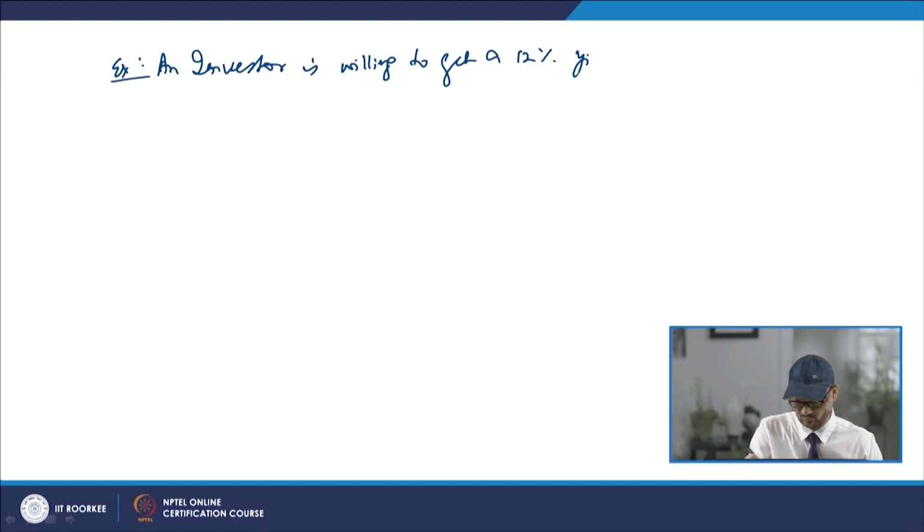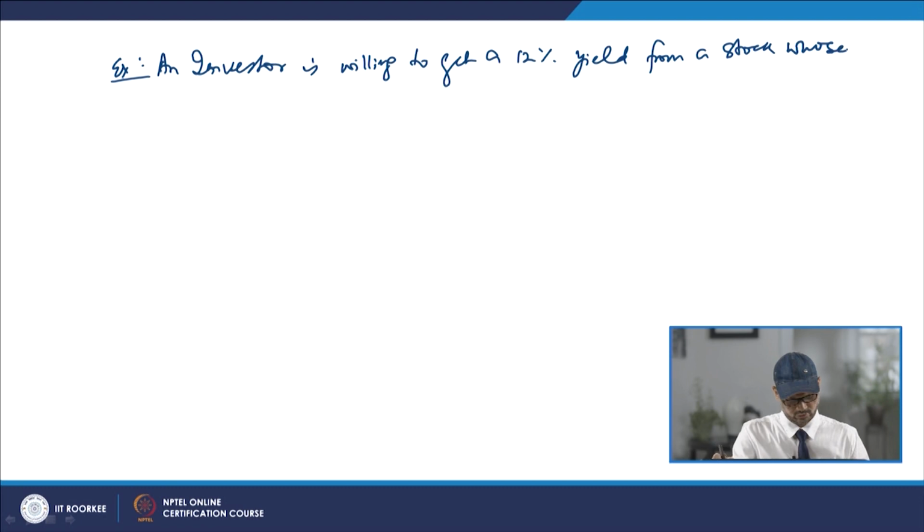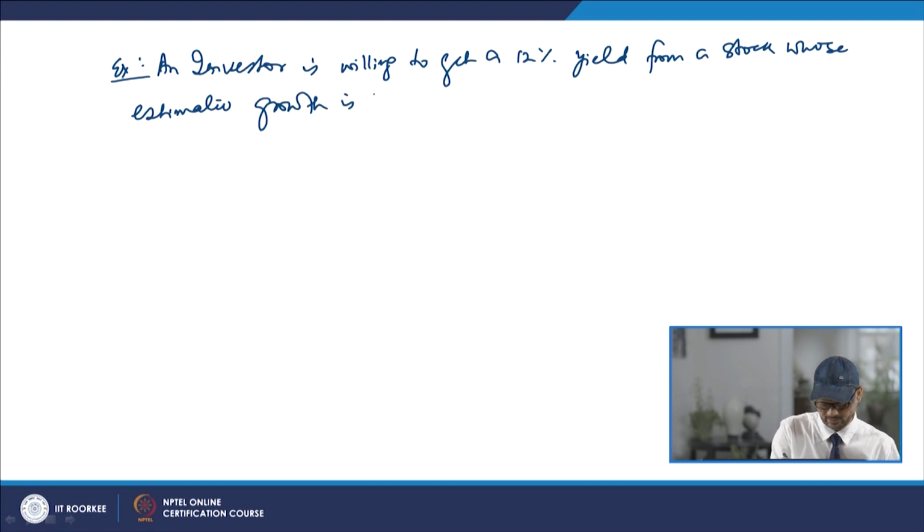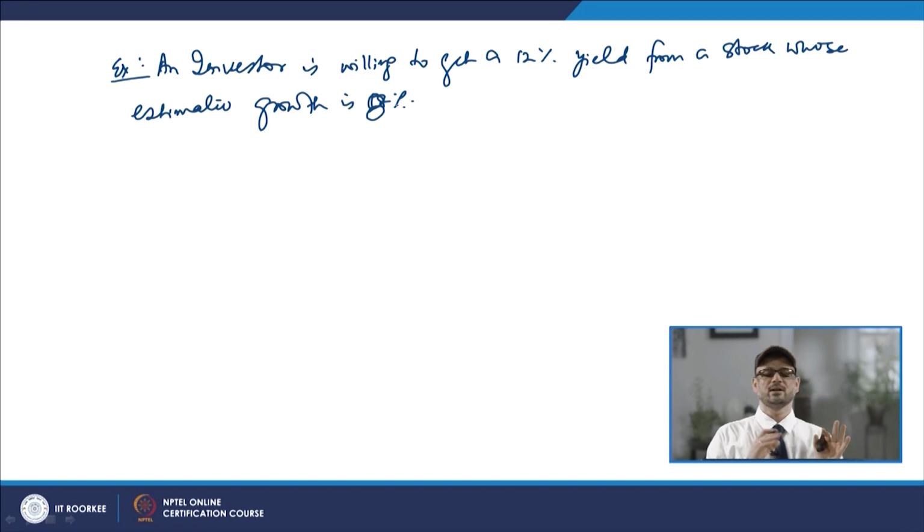Suppose an investor is willing to get a 12% yield from a stock whose estimated growth is 8%. It is not 18%, it is 8%, because that case would be different when the growth rate is more than the interest rate.